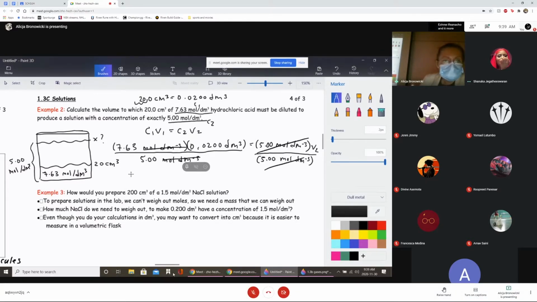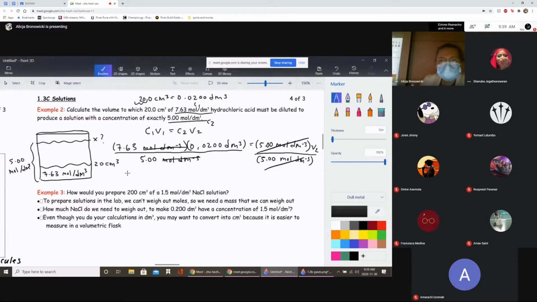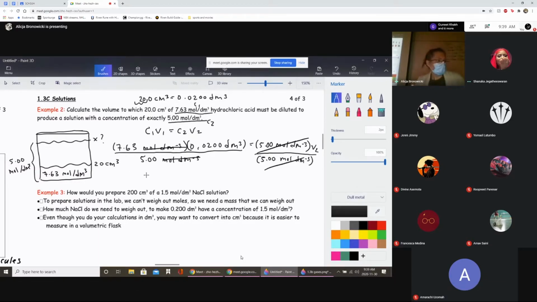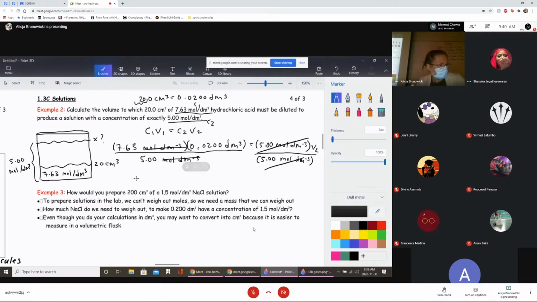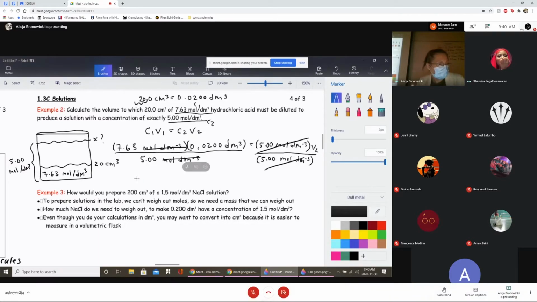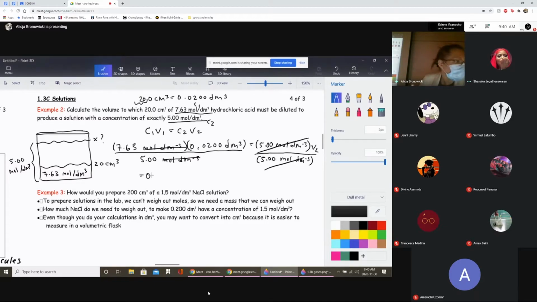So then when you crunch your numbers, let me just calculate this. I have something a little different in my notes. 7.63 times 0.02 equals 0.03052.